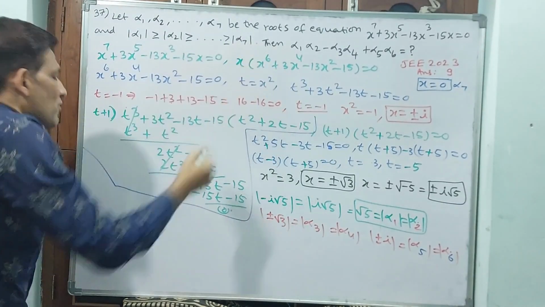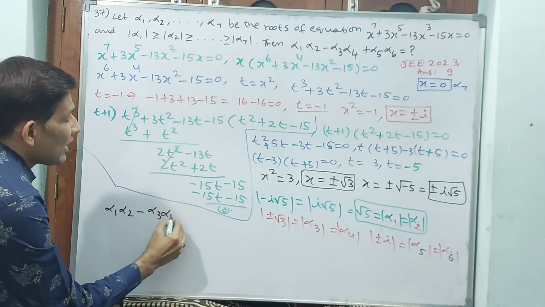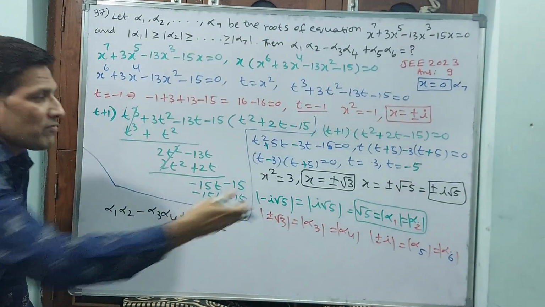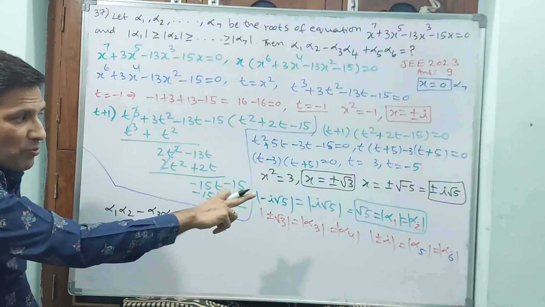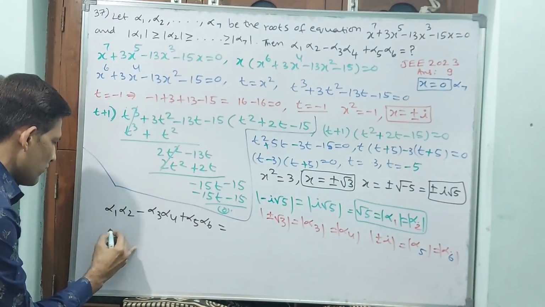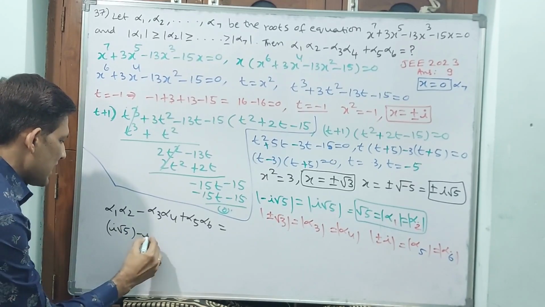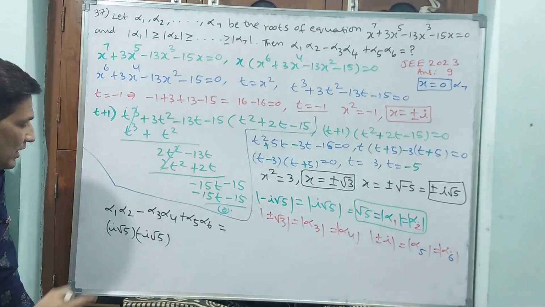Now alpha 1 into alpha 2 minus alpha 3 into alpha 4 plus alpha 5 into alpha 6 is equal to. Now you don't require alpha 7. You have calculated, that's all. Alpha 1 into alpha 2 means i root 5 into minus i root 5. Don't confuse.